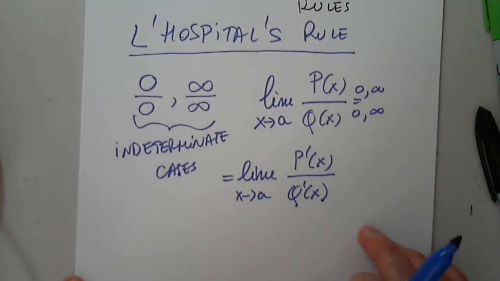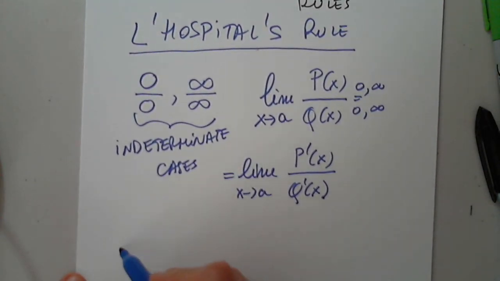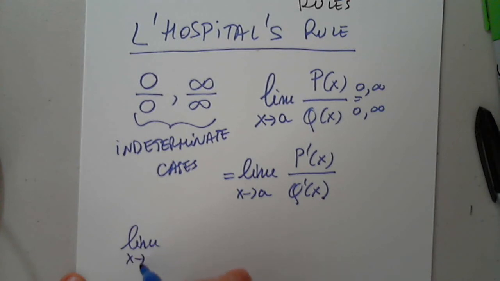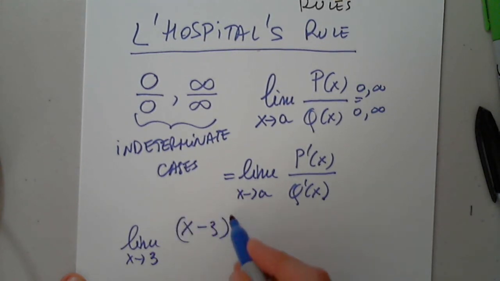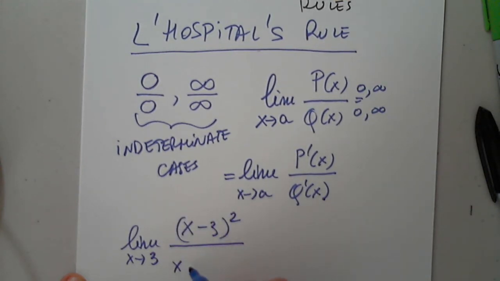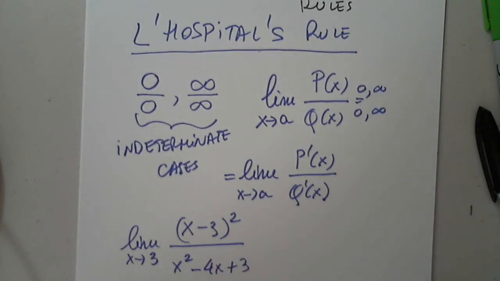So here's an example. Let's say we have the limit as x approaches 3 of (x minus 3) squared over x squared minus 4x plus 3.